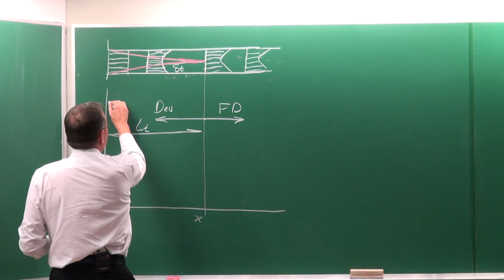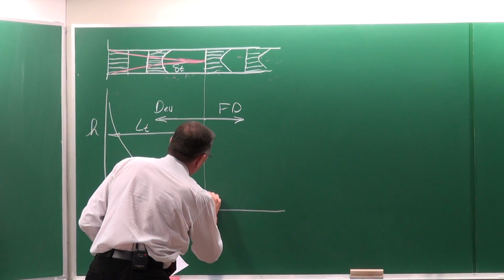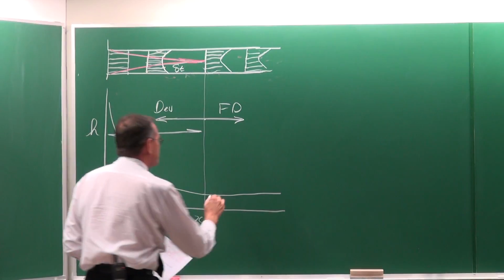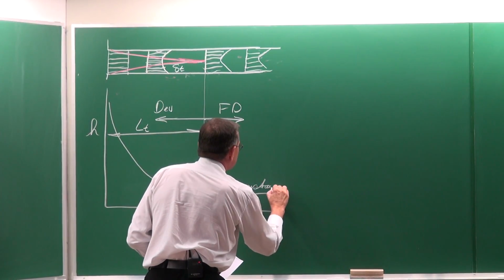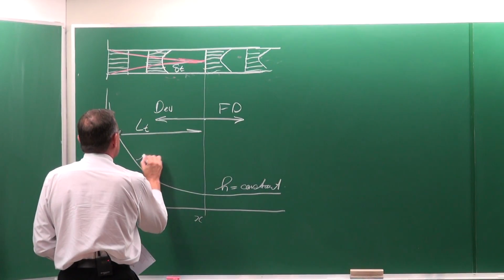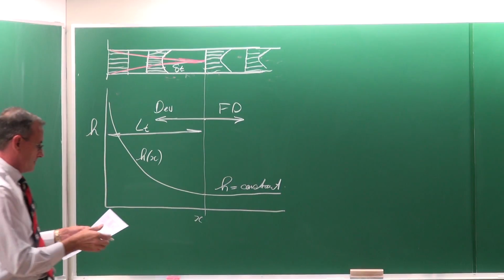And our heat transfer coefficient is going to do something like that. From this point on, it's going to be a constant. So here the heat transfer coefficient is a constant. Here it's a function of x, it is still developing.